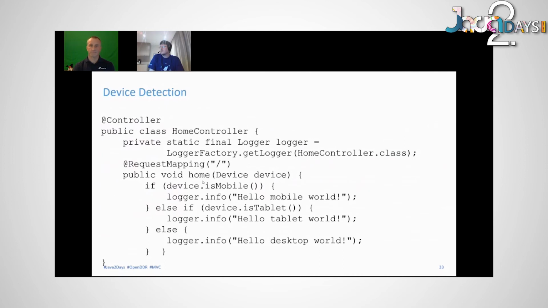So there's a similar POJO and model object to what OpenDDR has. It's called the device. But here the device only has a few attributes like is mobile, is tablet, or is desktop.